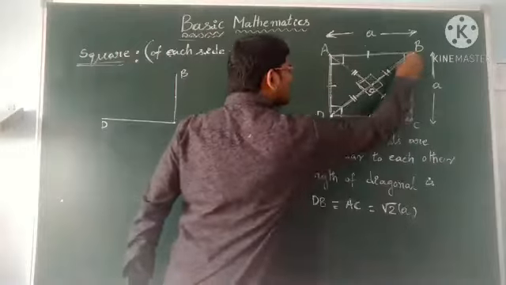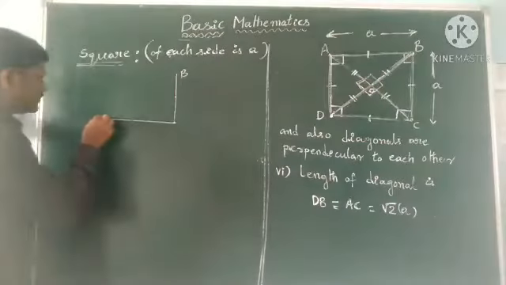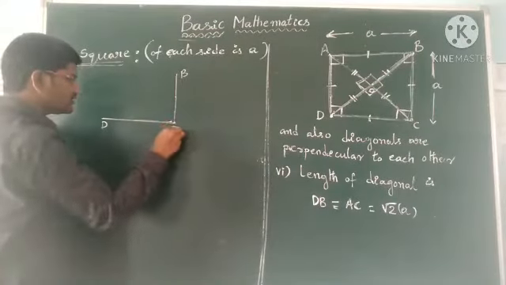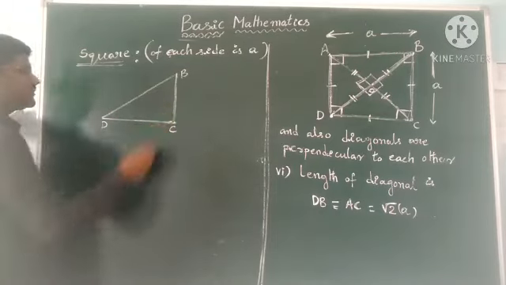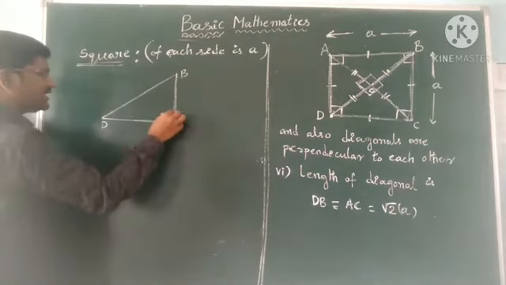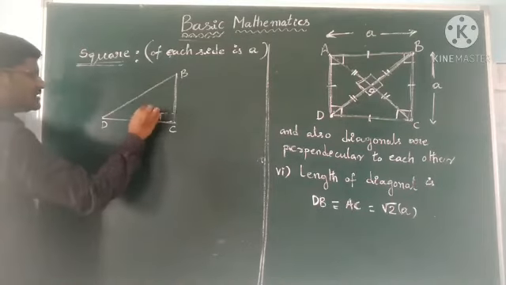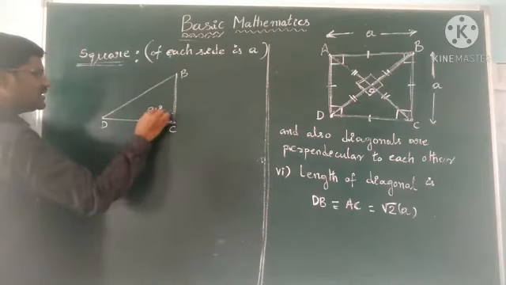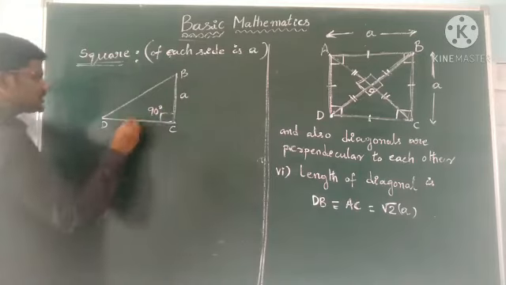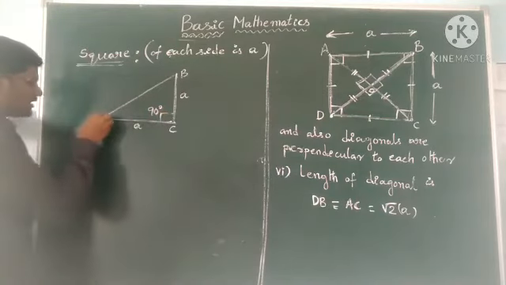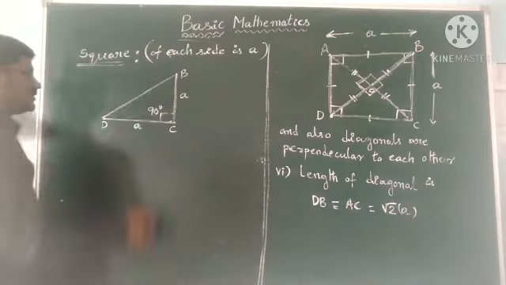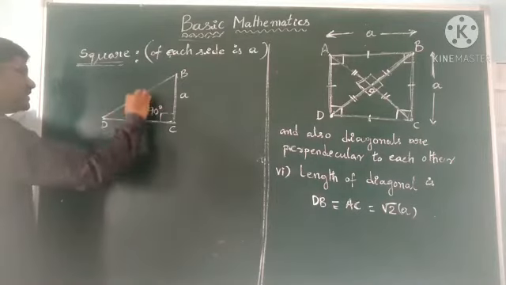I'm taking D, C and B. Okay students, and here it is 90 degrees. This angle is 90 degrees, and these two sides are equal, this side length and this side length are equal, so then this will become the hypotenuse.